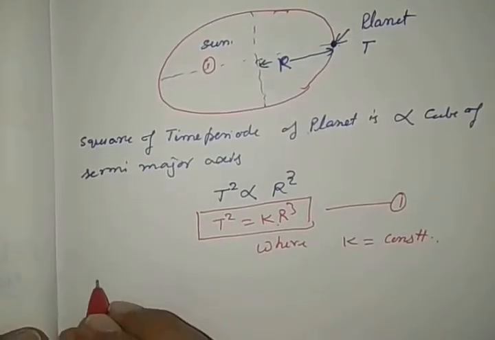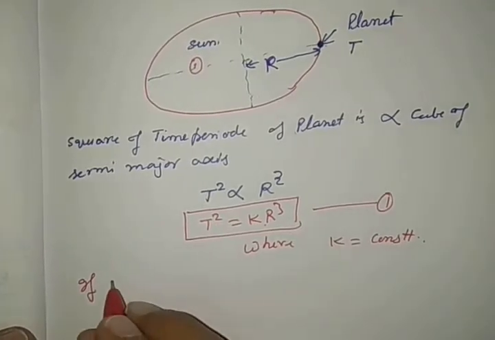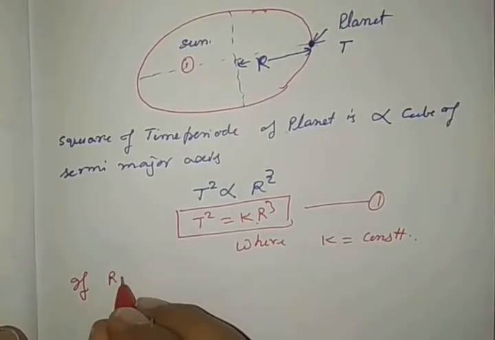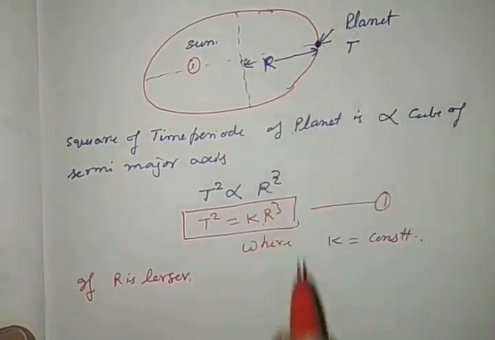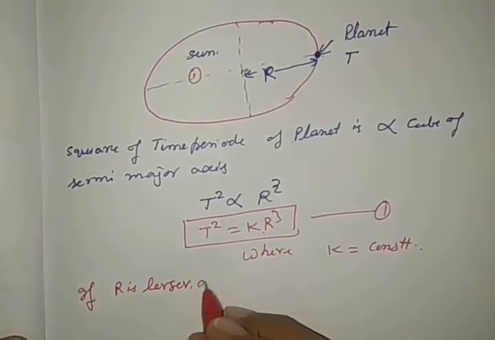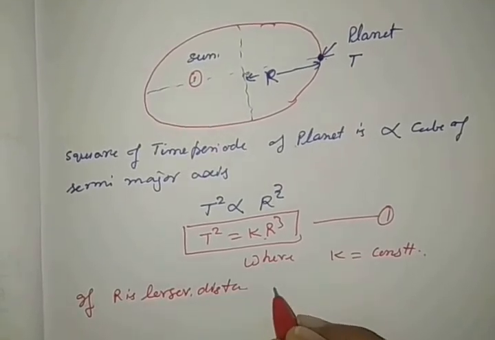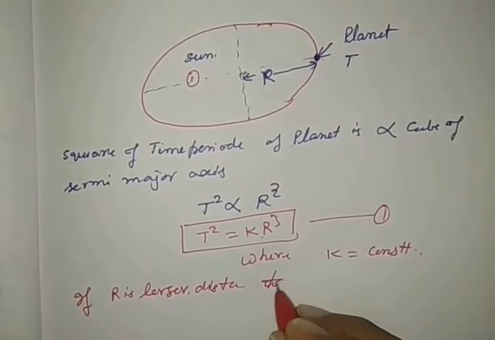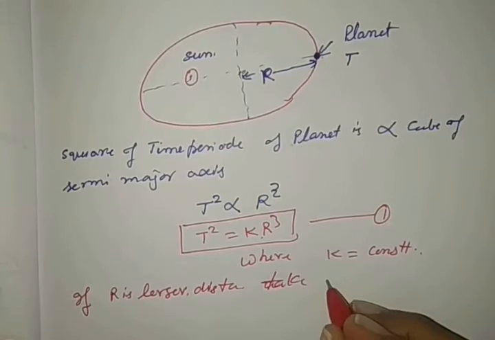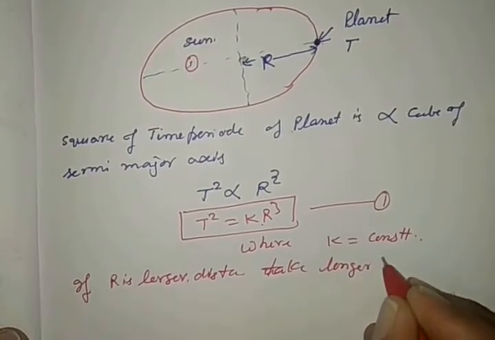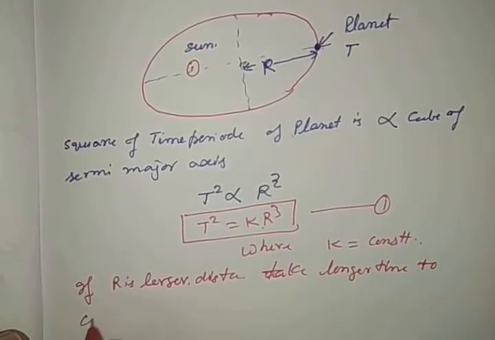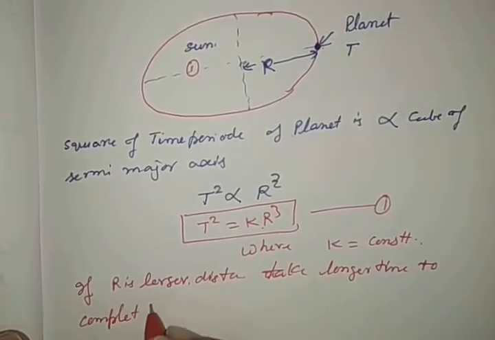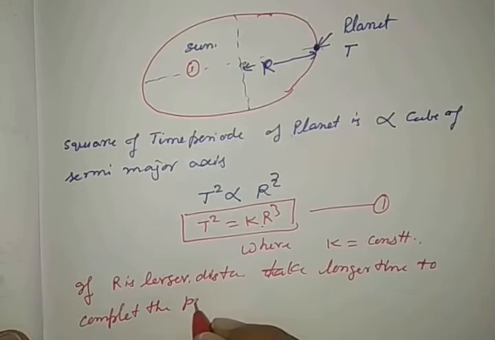So the conclusion is, if R is larger, this distance is larger, so a larger distance takes longer time to complete the path.